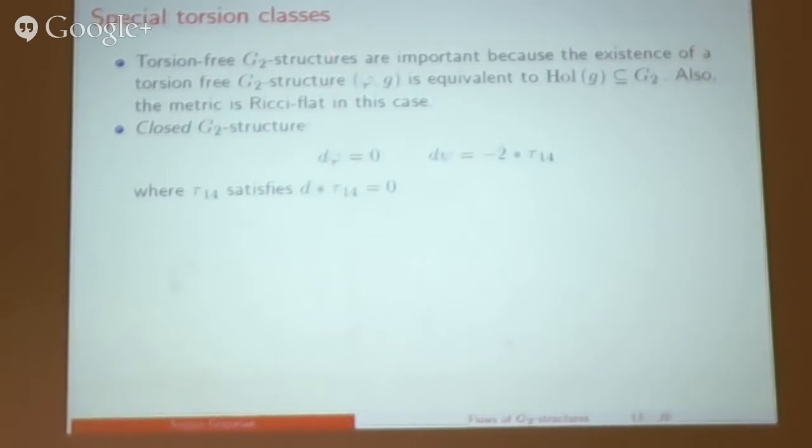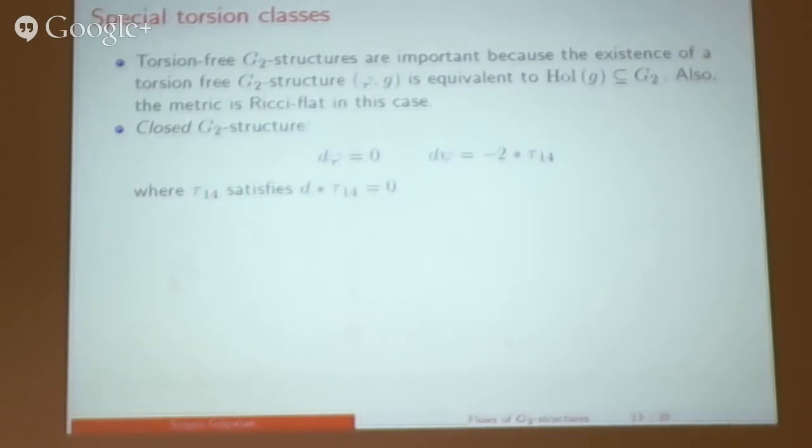We can also consider intermediate cases. We don't have to kill off all the torsion terms; we can just kill off a few. One of the intermediate torsion classes is what's known as a closed G2 structure.